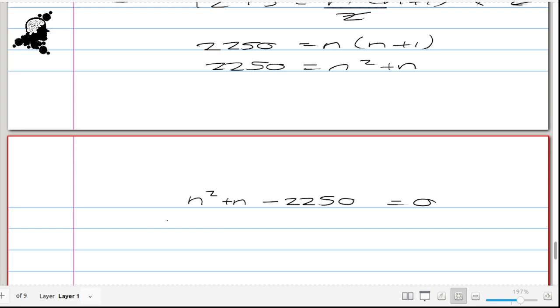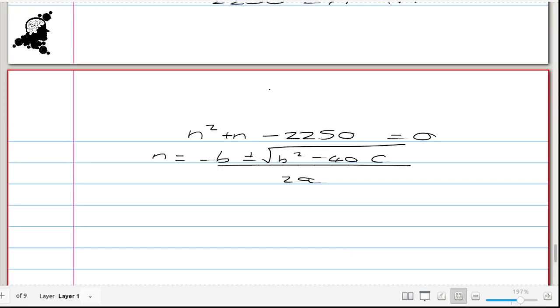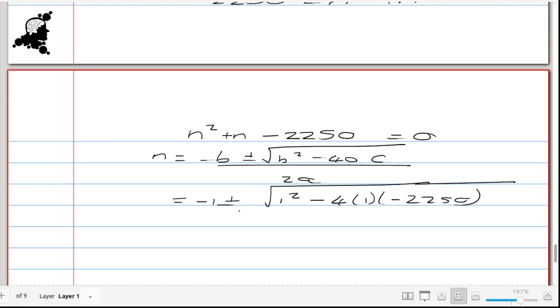So I'm going to use the quadratic formula. n is equal to negative b plus or minus the square root of b squared minus 4ac, divided by 2a. So let's see. This is going to be negative 1 plus or minus the square root of 1 squared minus 4 into the value of a is 1, the value of c is negative 2250. All of this divided by 2.